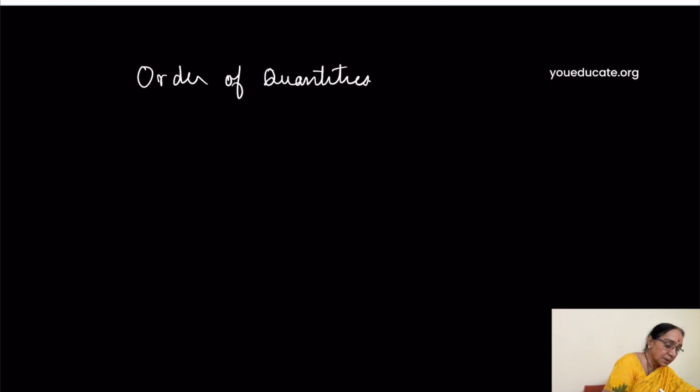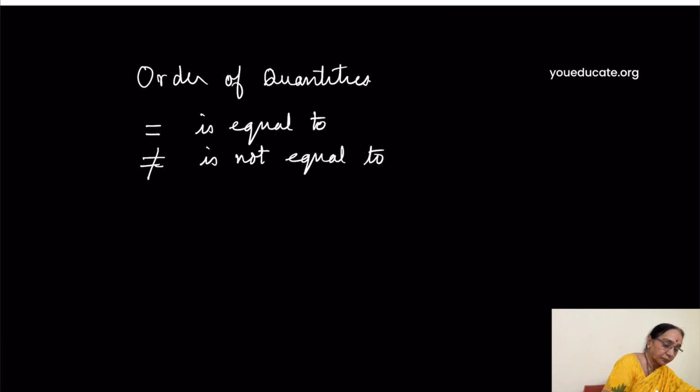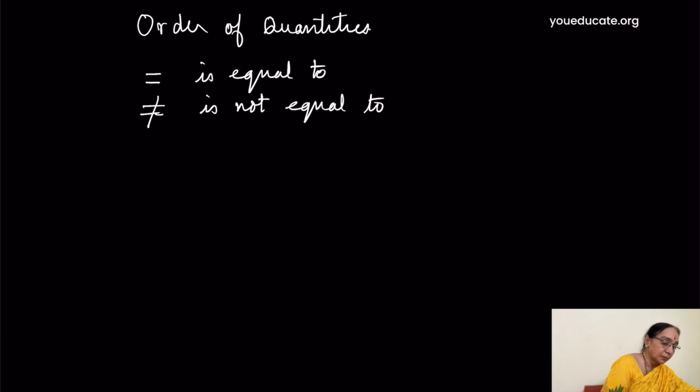Now we use these symbols to connect the statements that we wish to say. Equal to is equal to. So you put a slash across, this is not equal to. Now for greater than, this is strictly greater than.